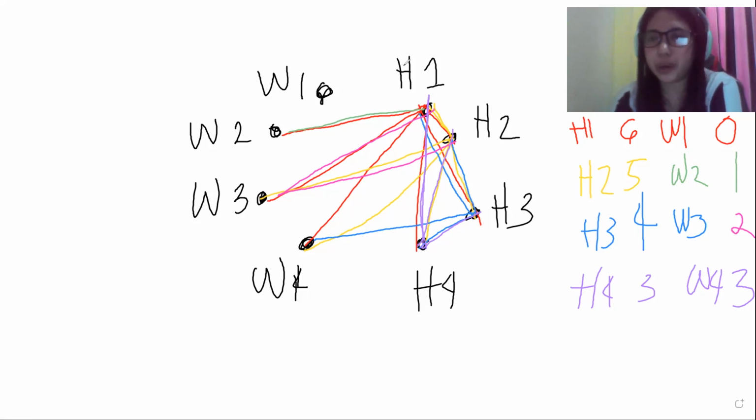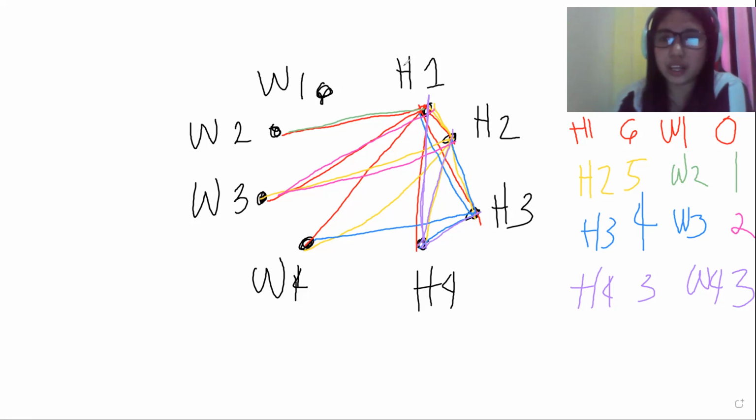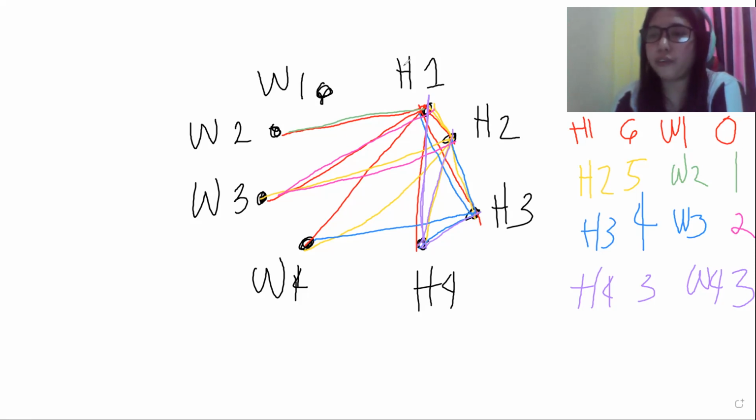As mentioned in our introduction, this is just one way of solving this problem, because if you notice, we also have patterns here. The total sum of husband 1 and wife 1 is equal to 6. The total answer of husband 2 and wife 2 is also 6. The total answer of husband 3 and wife 3 is equal to 6. The total answer of husband 4 and wife 4 is equal to 6.